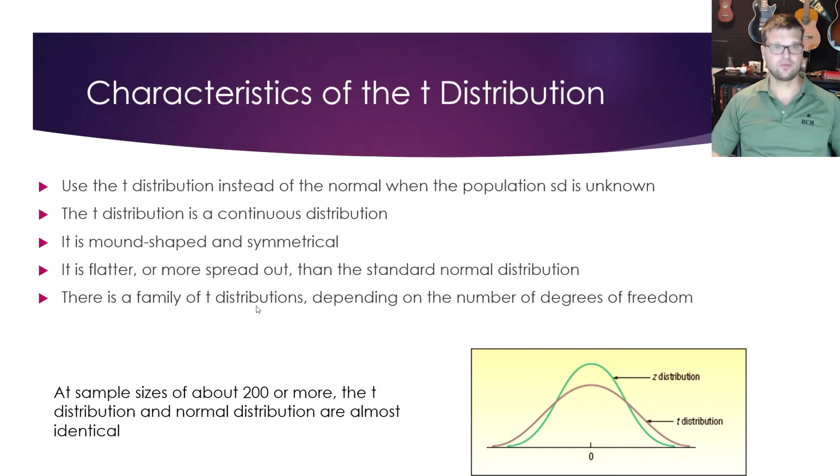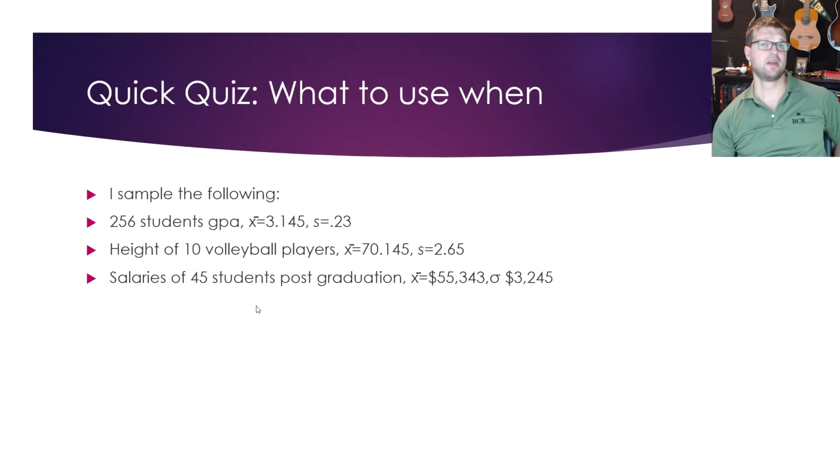So, quick quiz. What should I use when? I've got three examples below, and the first one is 256 students' GPAs. The average GPA is 3.145, and the sample standard deviation is 0.23. Looking at all this information, what should I use?